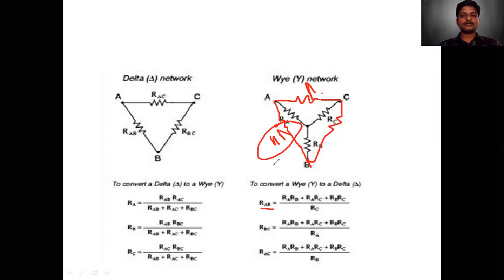Why am I calling it RAB? Because here it is A and here it is B. So if you want to write RAB, then you have to remember this formula: RA RB plus RA RC plus RB RC by RC. RC means opposite to A and B. That's it. So if you can remember these formulas, you can easily transform a star connection into a delta or a delta connection into a star.